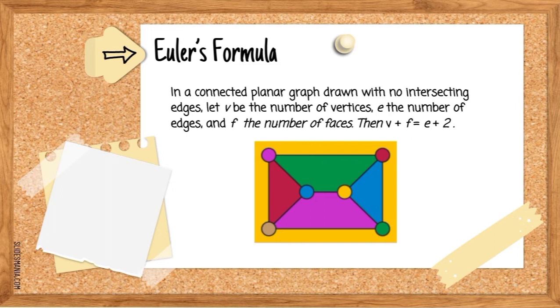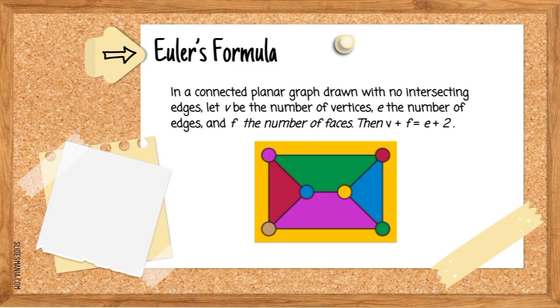If you're looking for the number of faces so that you can draw your graph in a planar manner, you simply identify F is equal to the number of edges plus 2 minus the number of vertices.